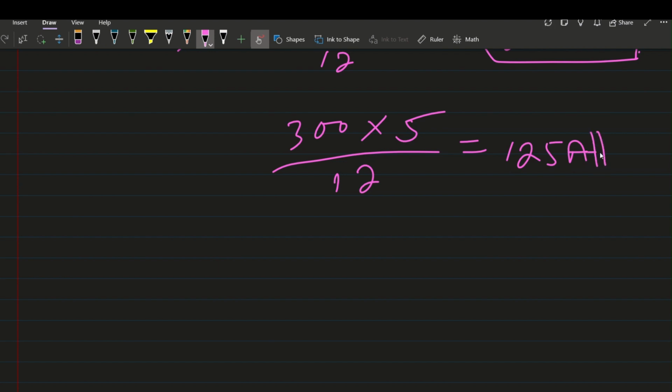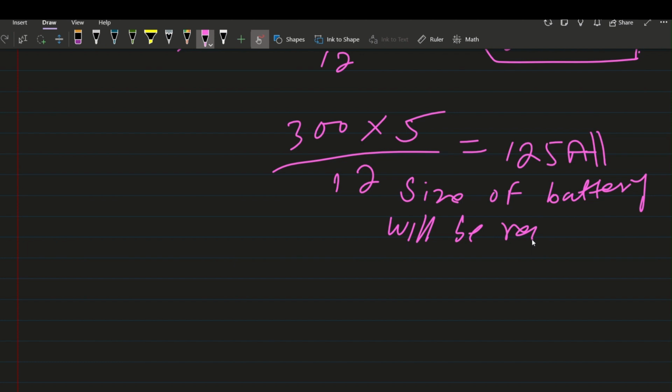So now the size of the battery will be reduced. We have to analyze this, so that's why we have calculated this. If we take our backup time less, then the size of the battery will definitely be reduced.